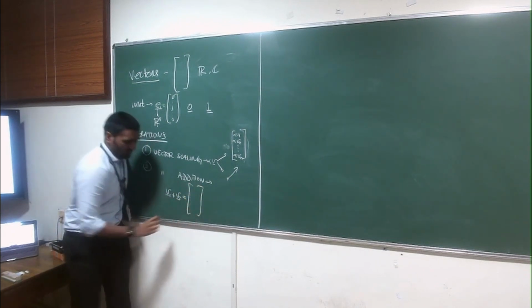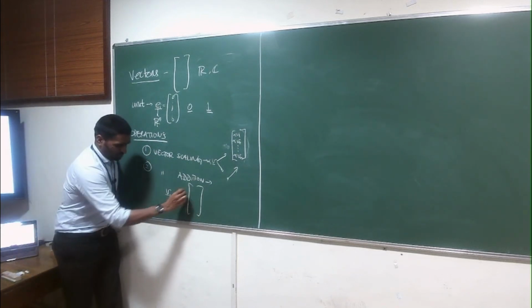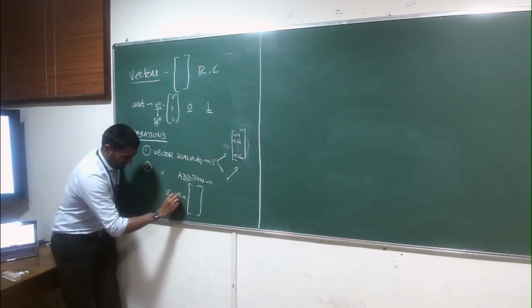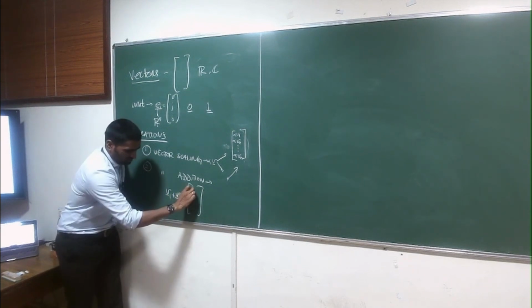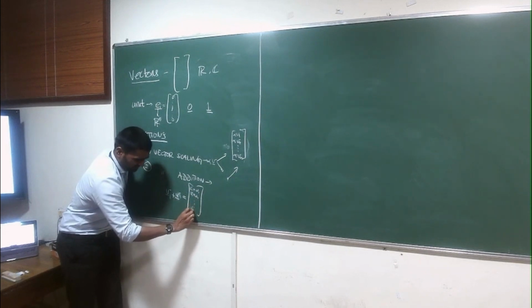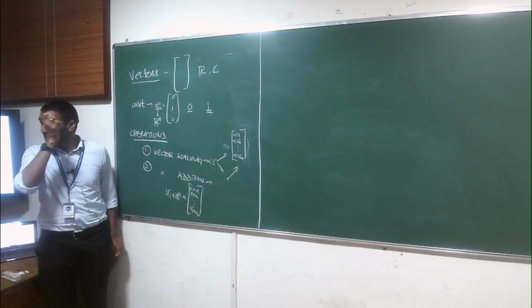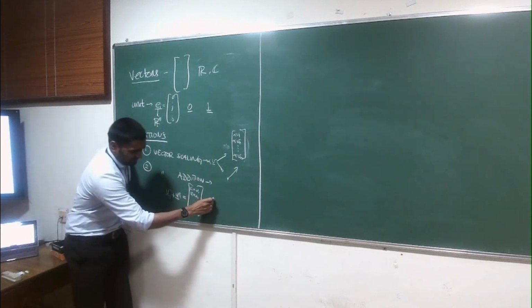And what do you do algebraically to add 2 vectors? Let me call them v and w. So you simply add the corresponding elements. And what is the geometry associated with this?